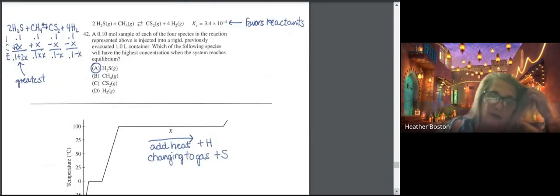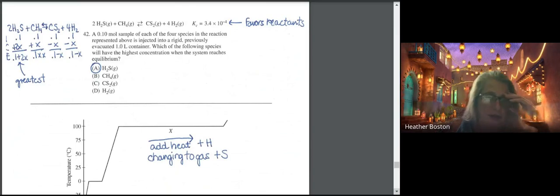All right, here's another equilibrium. You're going to have to do an ICE chart for this one. So 0.1 mole of each species. Now you're starting off with the same amount of each reactant and product. How do you know? Well, I look at the K value, 3.4 times 10 to the -4th. That means the denominator, remember K is always products over reactants, the denominator's bigger, the numerator's smaller.